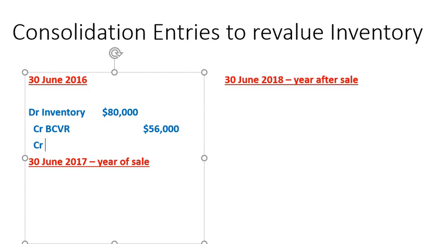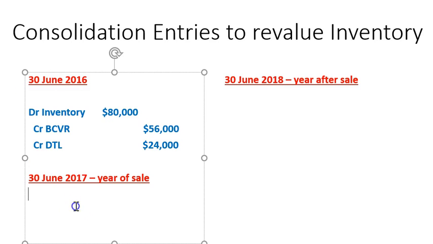So the remaining $24,000 is a deferred tax liability because we haven't actually sold the inventory yet, so there's actually been no gain that has been realized. But we know that if we were to sell the inventory, we'd have tax to pay in the future when this gain was realized.